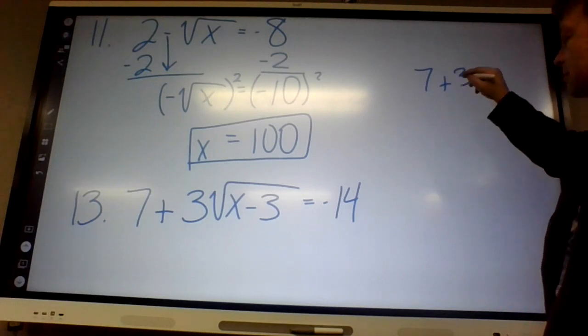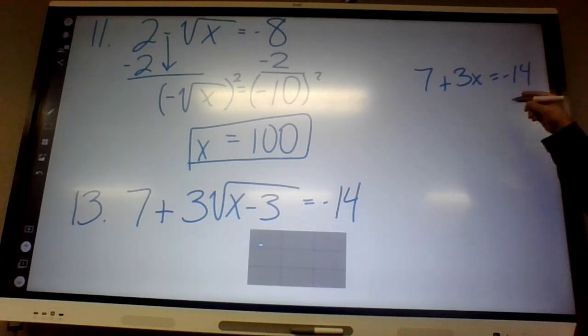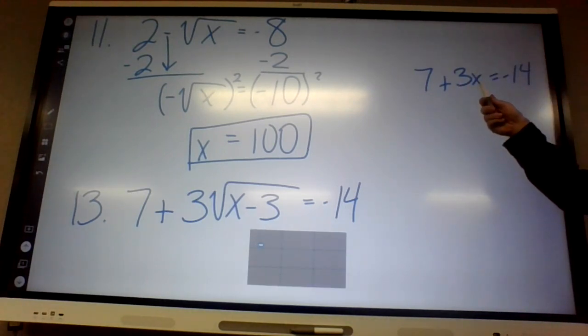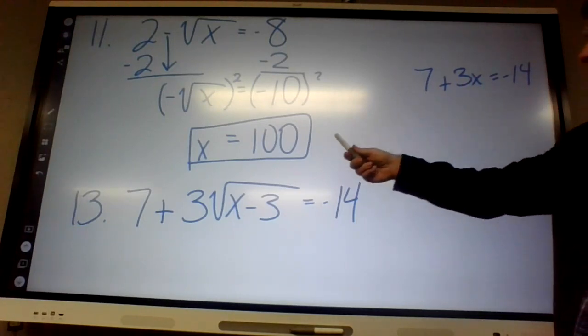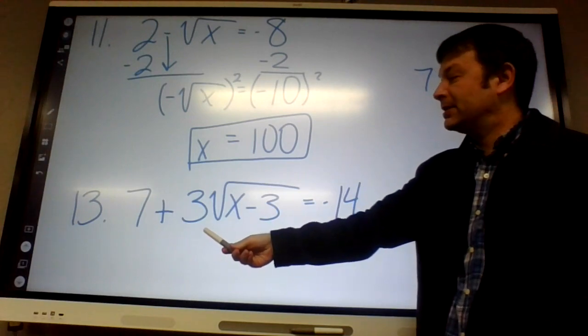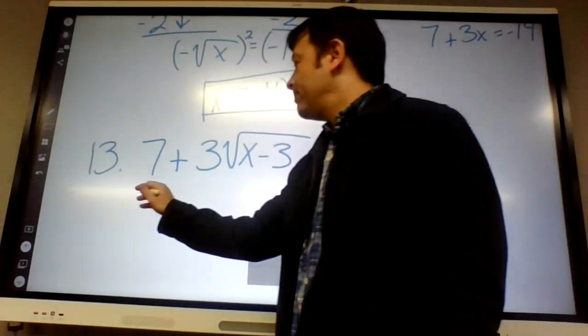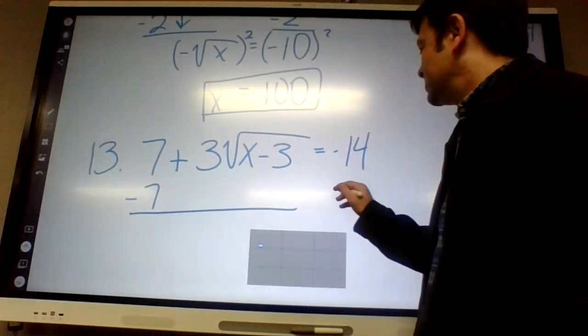You take away. Okay, if this was the problem, how would we get x by itself? We'd -7, and then what would we do? Divide by 3. Okay, see how this is like the same thing? So, -7.